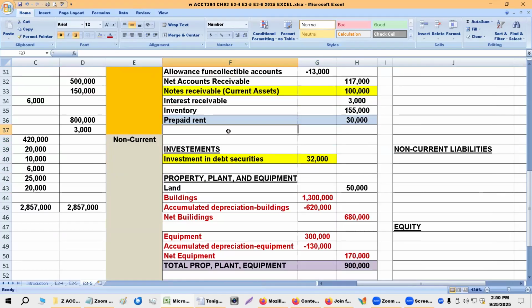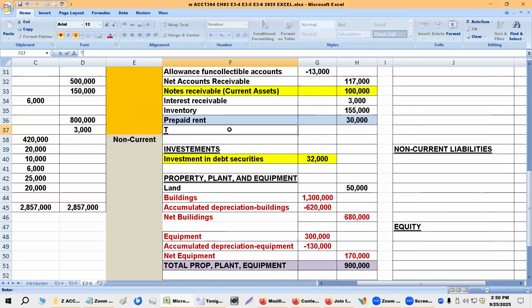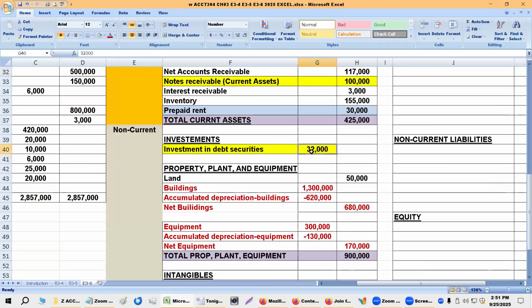So our total current assets is $25, 40. I think that's it. Investments account, there's only one of them.